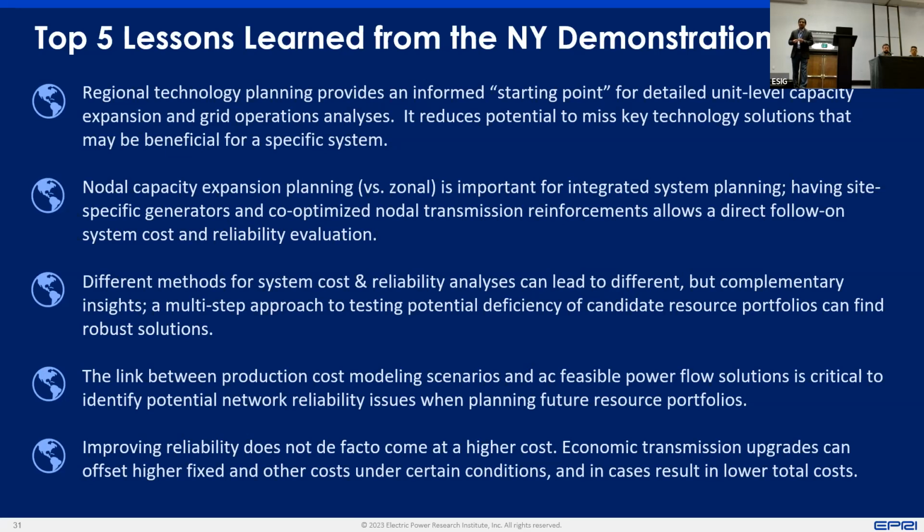Otherwise, there could be a lot of bottlenecks in the process. And the third thing, it's not so much technical, but it's about the culture within the utilities. We need to break the silos, so that transmission planning talks to long-term planning, and they talk to distribution planning and so on. So it's also about breaking the barriers so that there is free exchange of information from the utility side as well. So let me end on that note.